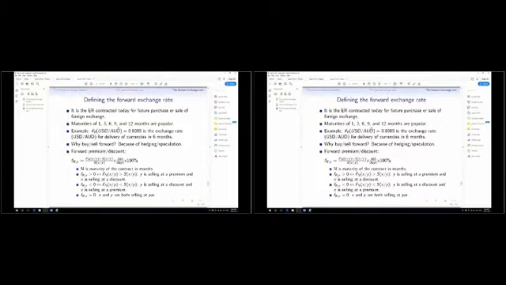Little f equals forward exchange rate minus spot exchange rate divided by the spot exchange rate. And then you convert them into 1 year, using that conversion, 360 divided by the number of days, and multiply with 100 at the end, so that you can present your answer in the form of a percentage term. Okay, that is what we want.